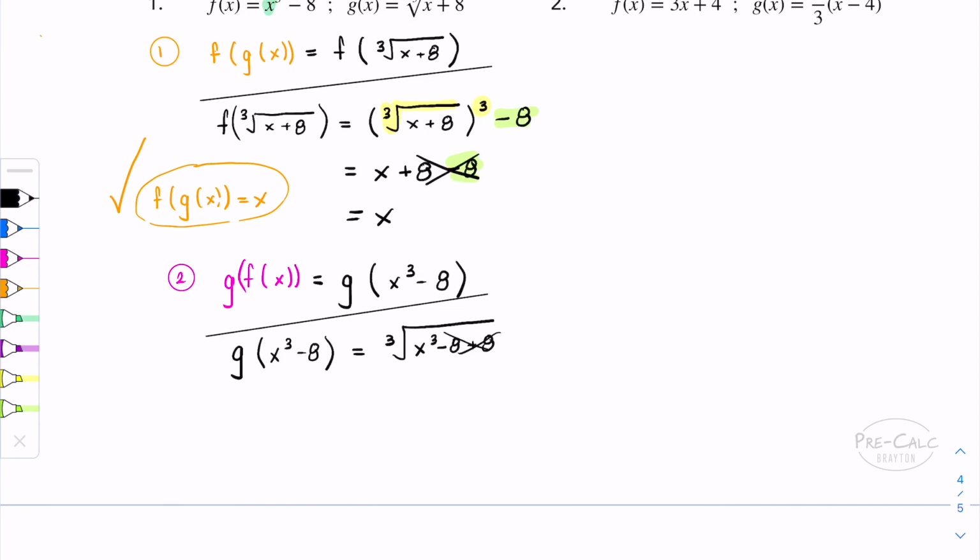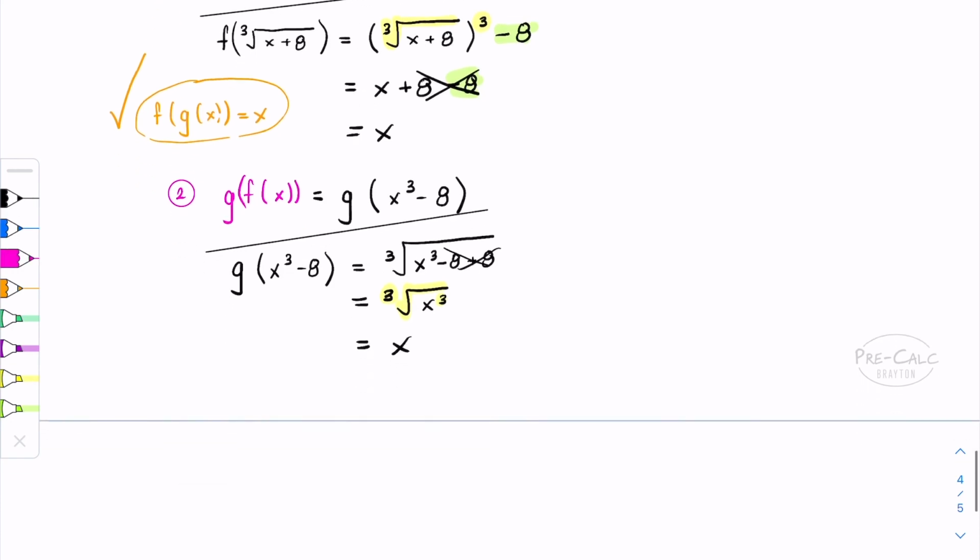Minus 8 plus 8 is 0, leaving you with the cube root of x cubed. The cube root of a cubed number simplifies in this case to just x. Therefore, we just showed all our work to prove that g of f of x is equal to x.